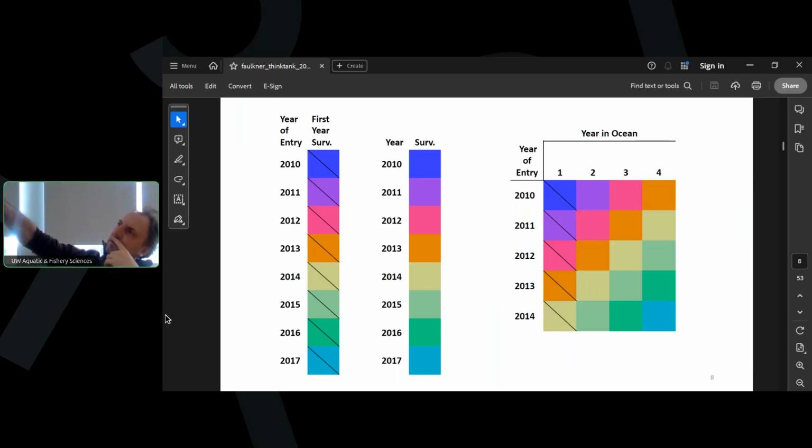But you can see on the right, the idea here is that you have shared experience across these cohorts as they enter the ocean. If you look at the diagonal, those years on the diagonal, the same color, are shared among these different cohorts.